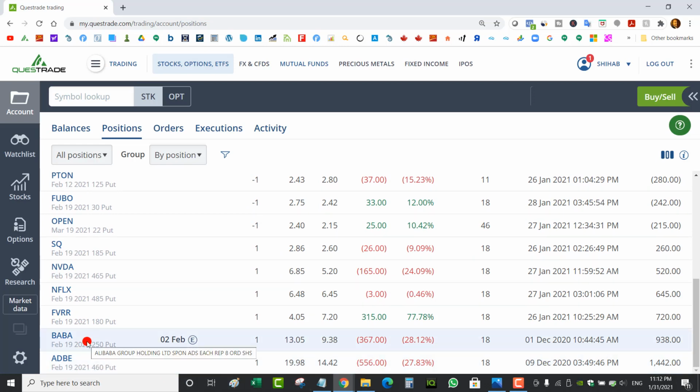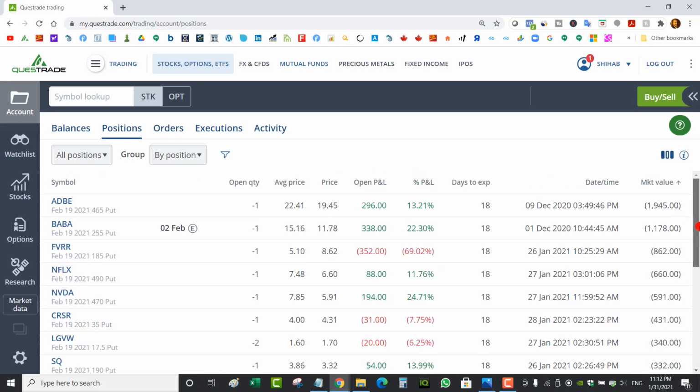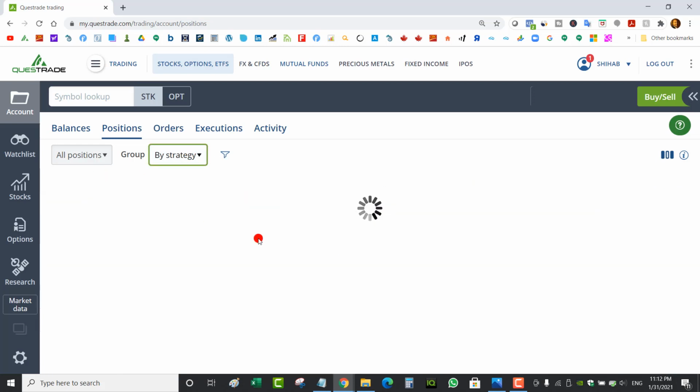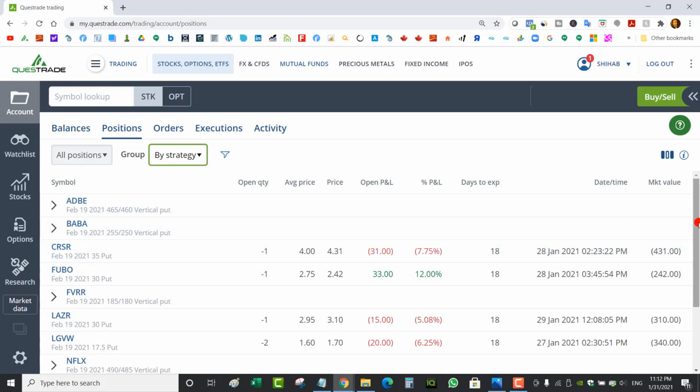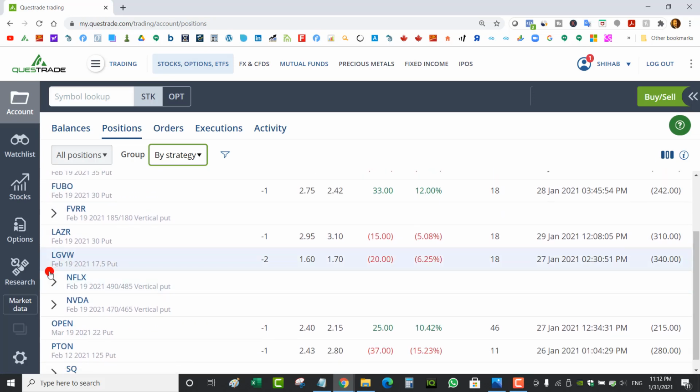If it's a put spread, one of the legs is short and one of the legs is long. So that's why this one has a positive market value. But I've got more negative market value because some of my trades are naked puts. So you can see Adobe and Baba are put spreads, but Corsair, Fubo, Laser, LGVW, Open, Peloton, they're all short puts, so they have a negative market value.